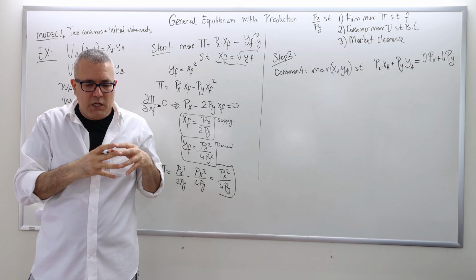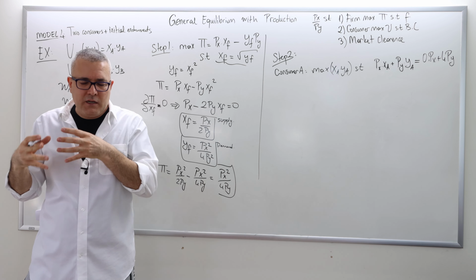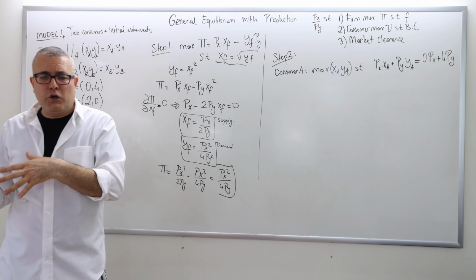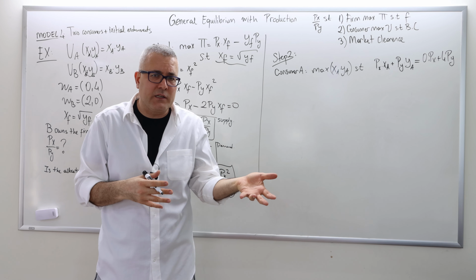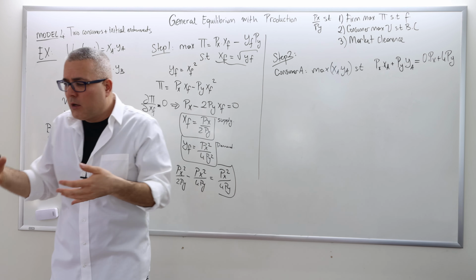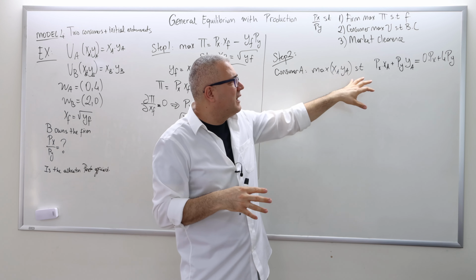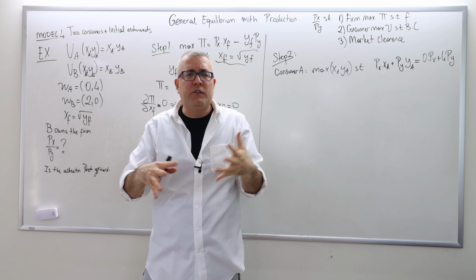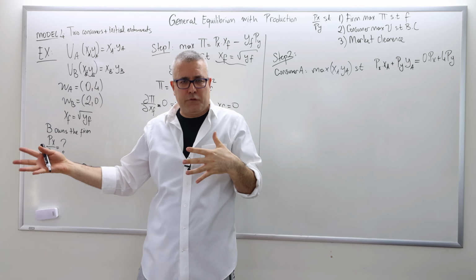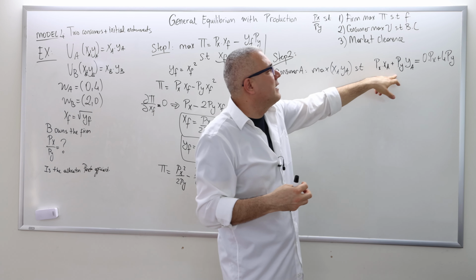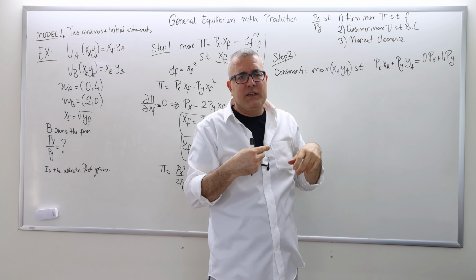The consumers do not sell their Y's or X to the firm. They sell it to the market maker. And then the firm goes to the market maker and buys the Y from the market maker. Okay? So for that reason, agent A does not sell any Y to the firm. She sells everything that she owns to the market maker, and then goes to the market and buys it.